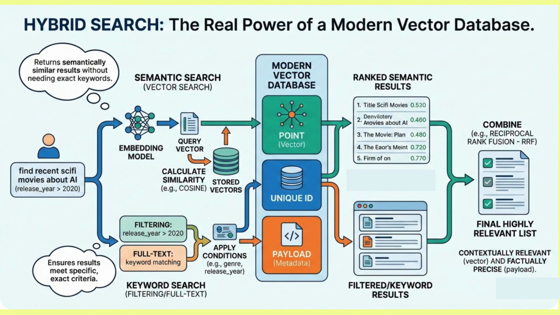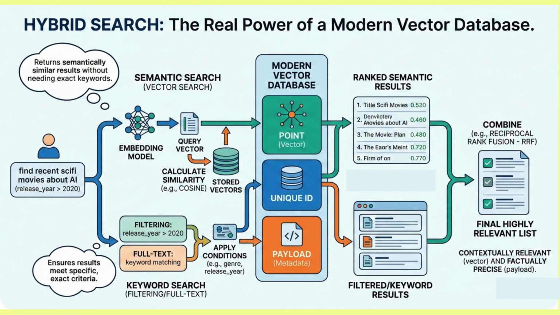For example, searching for Lionel Messi will guarantee you find documents containing that exact name regardless of the document's semantic content. The component used here is often indexed fields within the payload or the metadata.